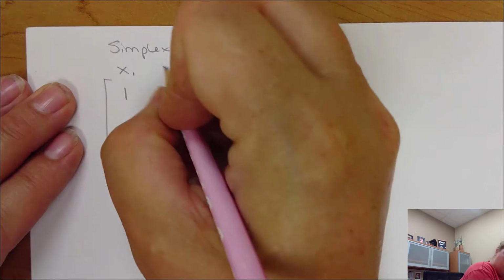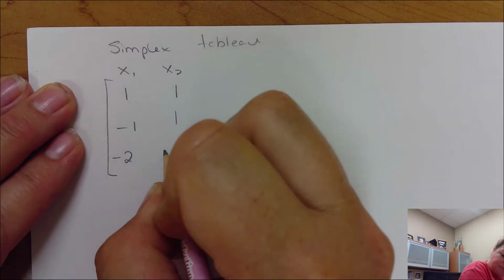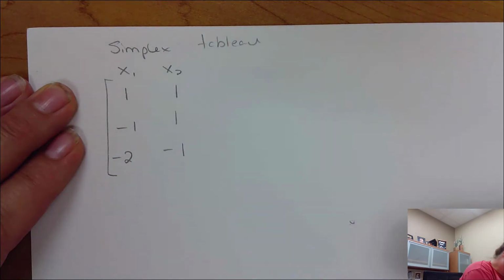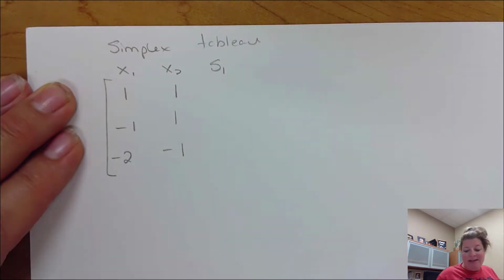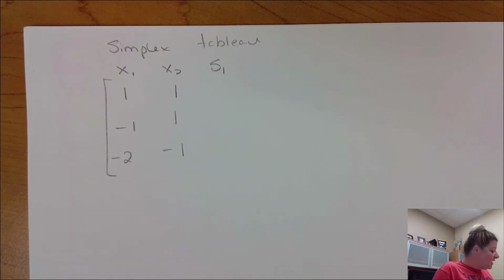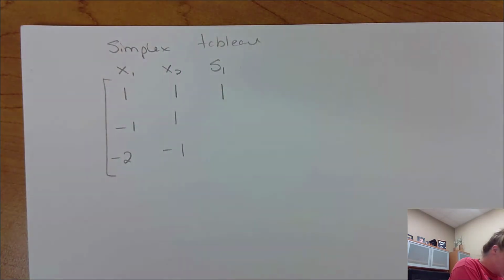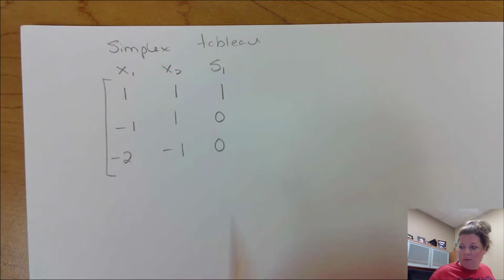Our x2s went 1, 1, -1. Our S1, and this is why I'm labeling carefully, because sometimes people put the A1 before the S1, and it doesn't really matter. You will get the correct answer, but you have to label to know which one is which. So our S1 only had a 1 on our first row, and then the other two were 0.